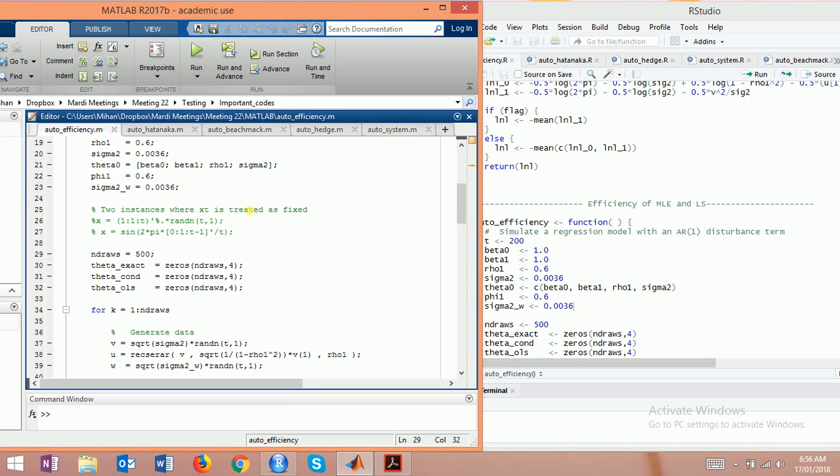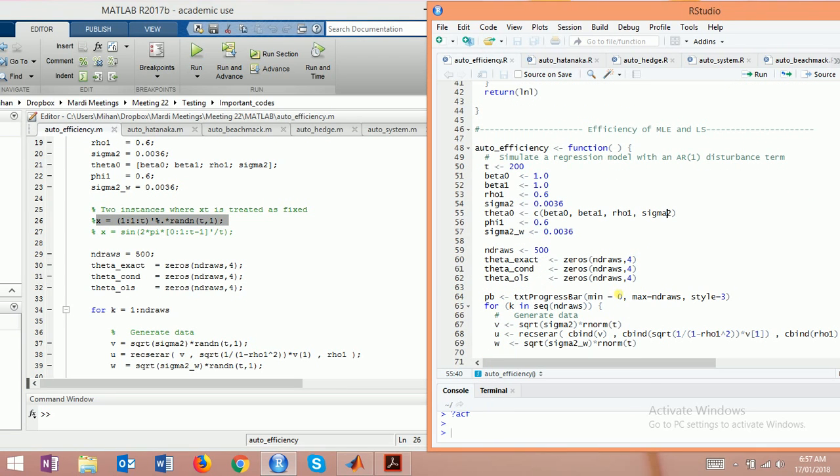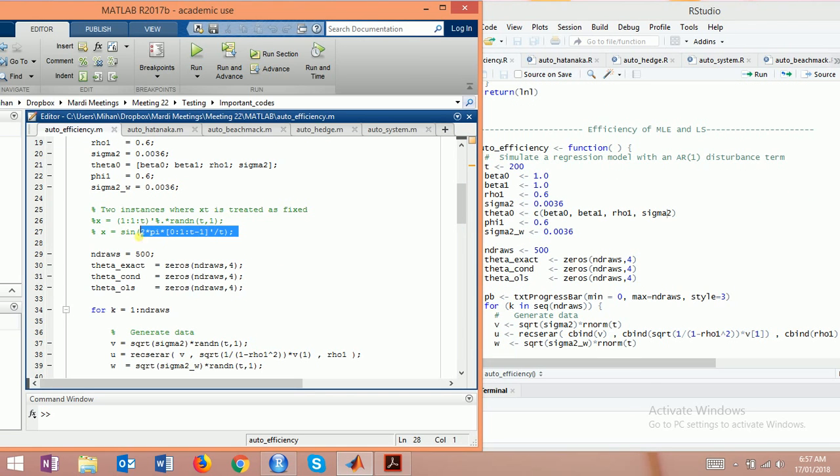There are two instances, where x is treated as fixed or x is treated as sinusoidal. We are just going to see one example.